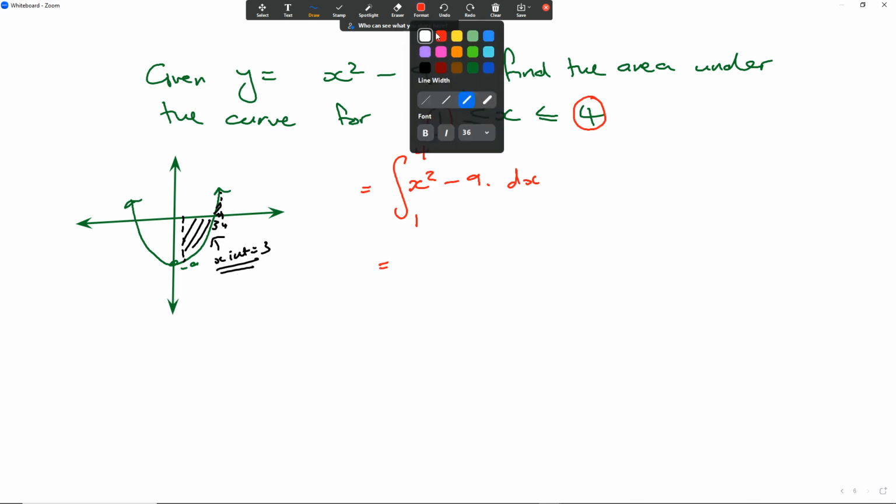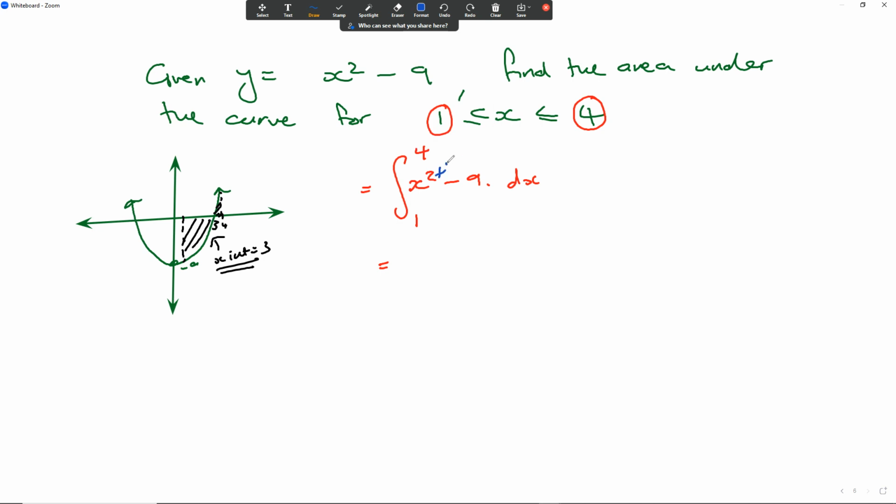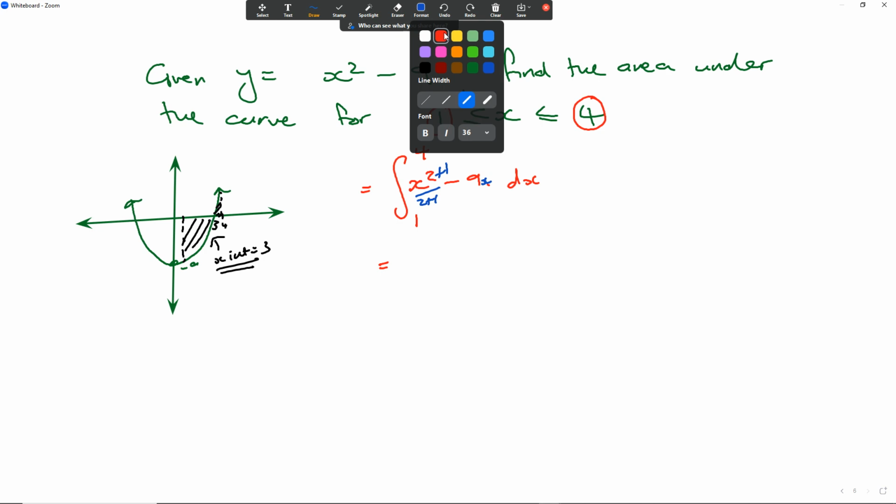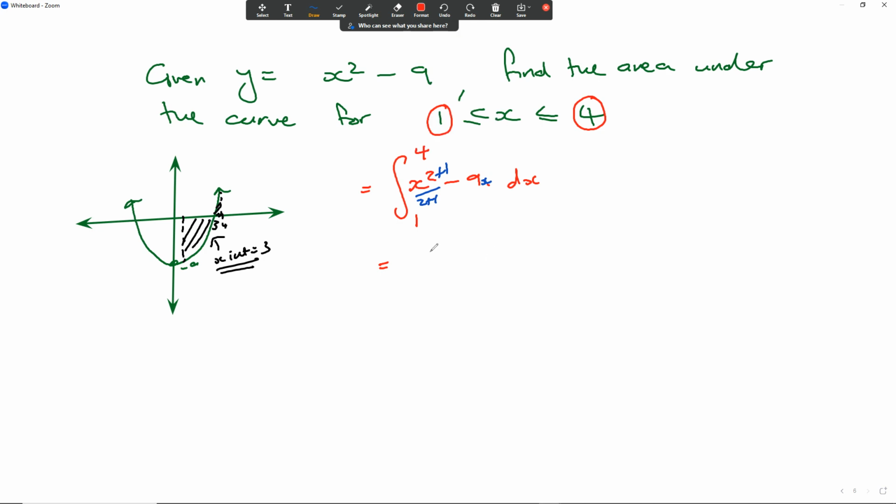We take 2 and we plus 1, and then we divide by 2 plus 1, and this just becomes 9x. So in the next line, what we will have is x cubed over 3 minus 9x, and we put this into a square bracket, put 1 at the bottom and 4, so it's matching that on there.